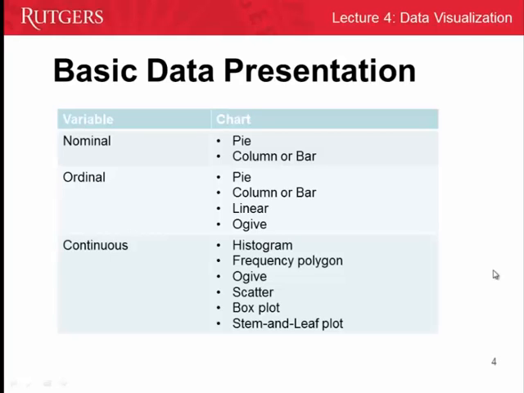While for the continuous or quantitative data, we usually use histogram, frequency polygon, Ogive, scatter plot, box plot, and stem and leaf plot. Okay, now I'm going to discuss these basic data presentations or charts one by one to show you how these graphs or charts look.